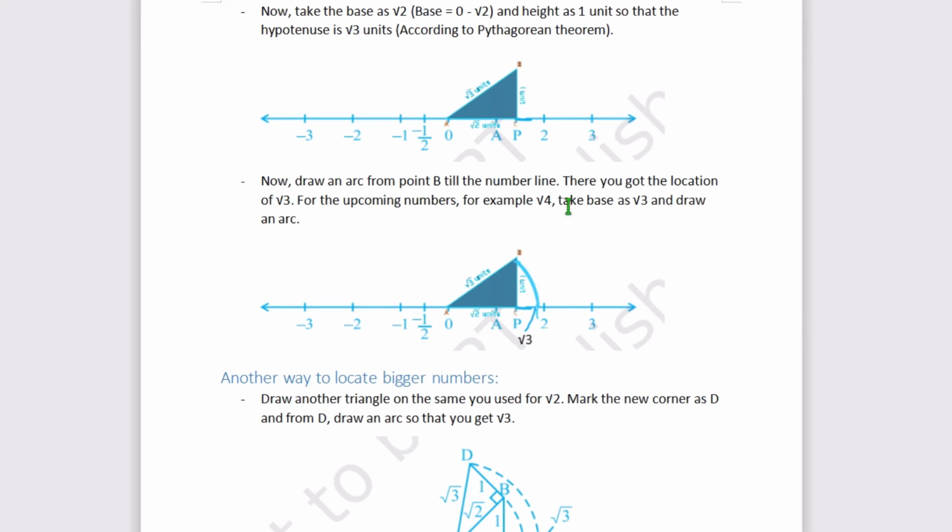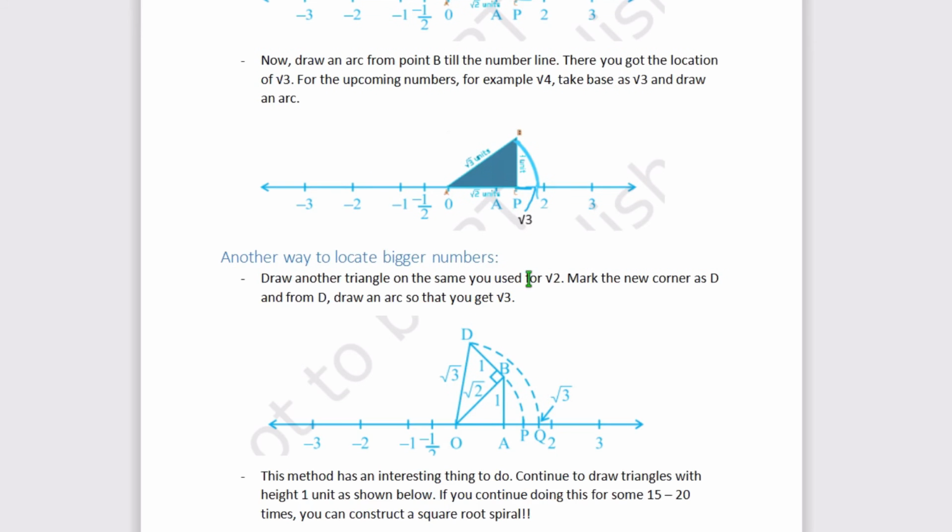Okay, so let's see another way to locate bigger numbers like root 3 and 4. So you have that 1:1 root 2 triangle here, base 1, height 1 and root 2 hypotenuse. Take that root 2 hypotenuse as the base of the next triangle and lift 1 unit here, draw 1 unit here.